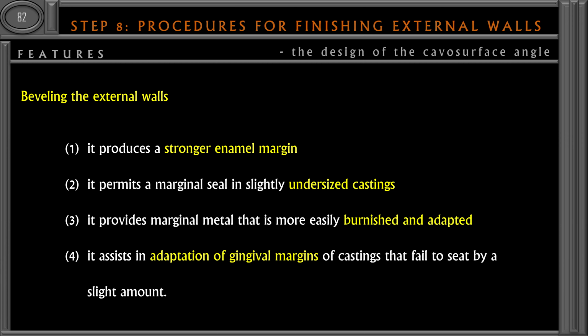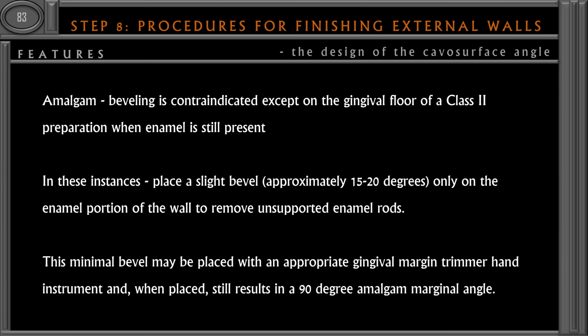It also assists in the adaptation of the gingival margins of the casting that fail to seat by a slight amount. So that will prevent marginal leakage. For an amalgam, beveling is contraindicated except in the gingival floor.